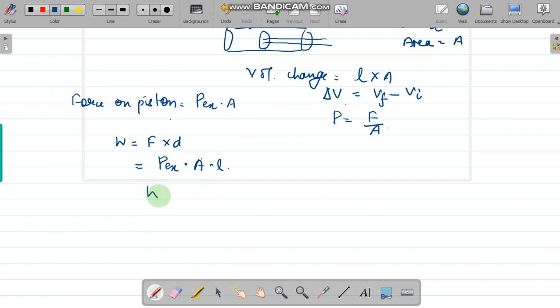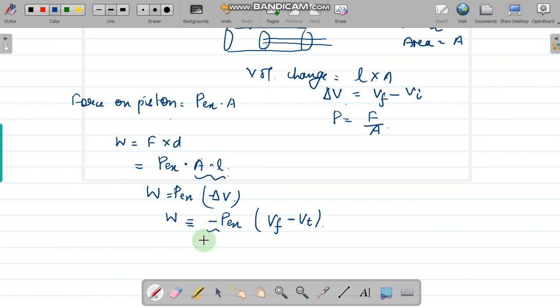So work is equal to Px into AL, and this AL is equal to the volume change, delta V. So you can write it over here: W = -P external (Vf - Vi).